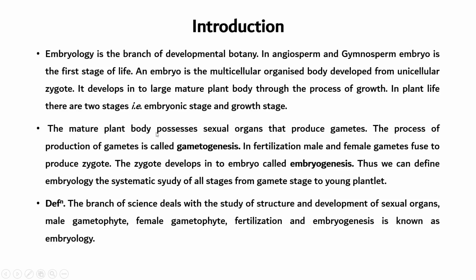The mature plant body possesses sexual organs that produce gametes. The process of production of gametes is called gametogenesis. In fertilization, male and female gametes fuse to develop a special structure that is called the zygote.